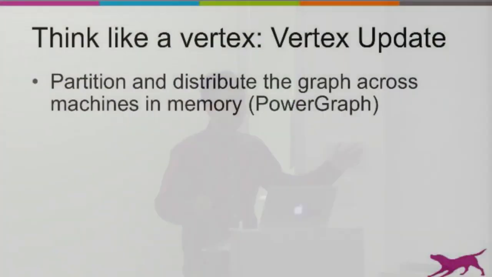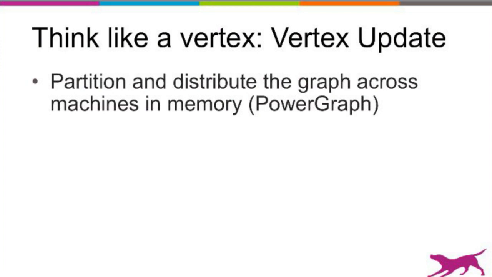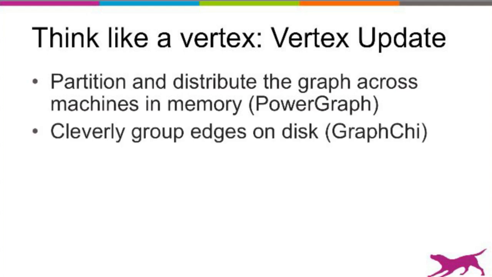So PowerGraph solves it by going distributed. We partition the graph, store a subgraph on each machine, and each machine loads the subgraph entirely, including all the vertex data and edge data. GraphChi invented a very clever algorithm called parallel sliding window, which groups edges cleverly on the disk so that in each iteration you can load a subgraph, including vertices and edges, into memory with minimum disk I/O.